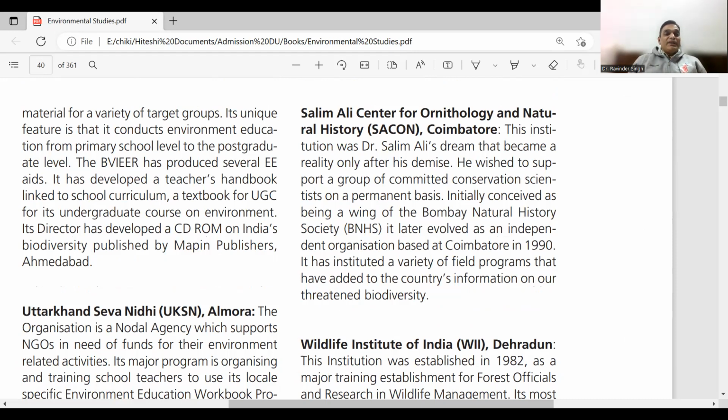The BVIEER has produced several EE aids. It has developed a teacher's handbook linked to the school curriculum, a textbook for UGC for its undergraduate course on environment. Its director has developed a CD-ROM on India's biodiversity published by Mapin Publishers, Ahmedabad.